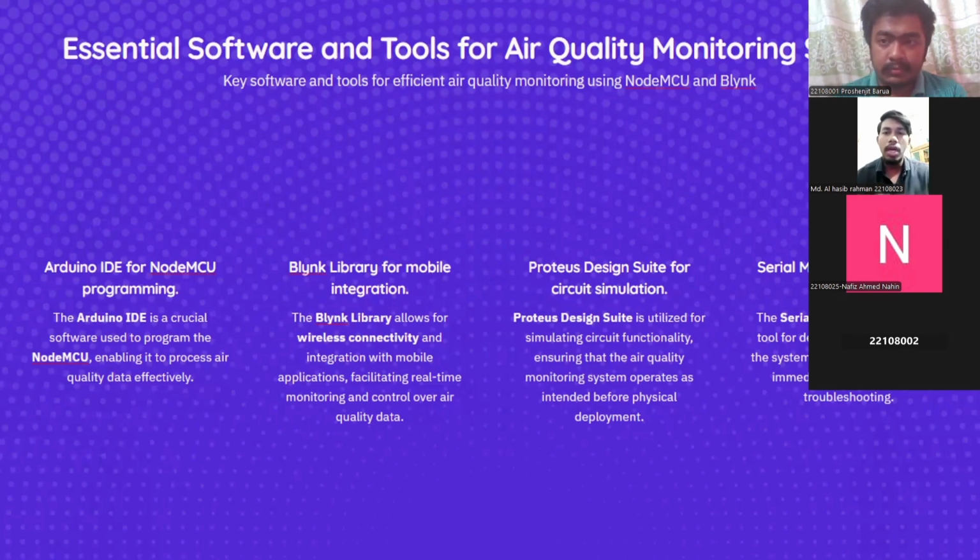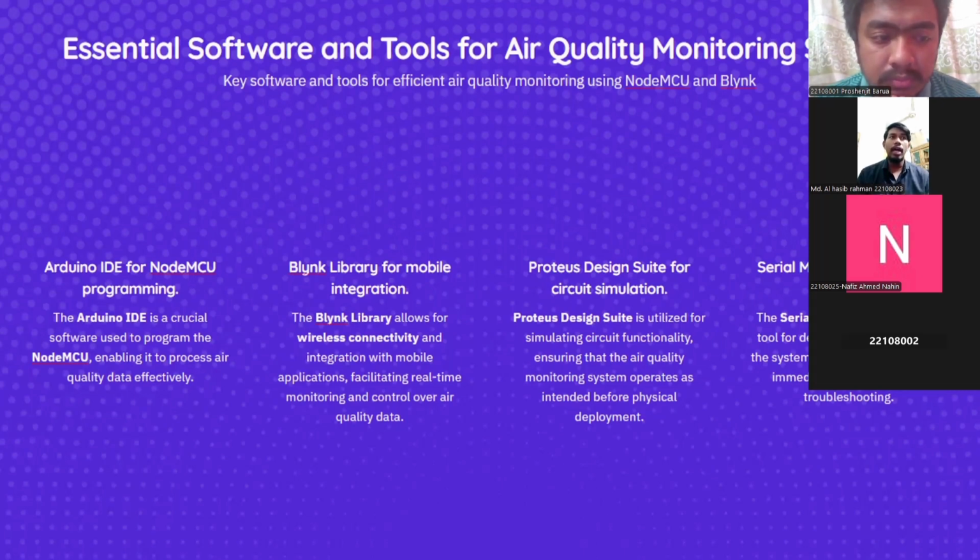Assalamu alaikum. My ID is 221023 and my name is MD Al Hasib Rahman. Now I'm talking about the essential software and tools for the air quality monitoring system. In our project, we use Arduino IDE for NodeMCU programming. The Arduino IDE is crucial software used to program the NodeMCU, enabling it to process air quality data effectively. Then we use the Blynk library for mobile integration.